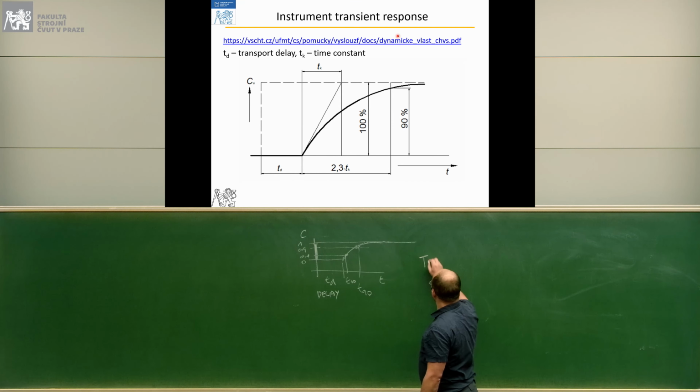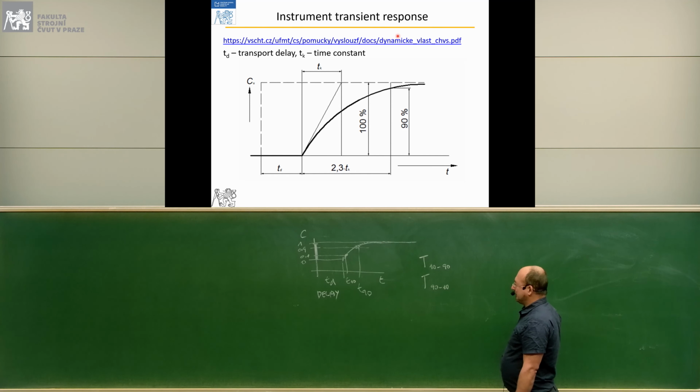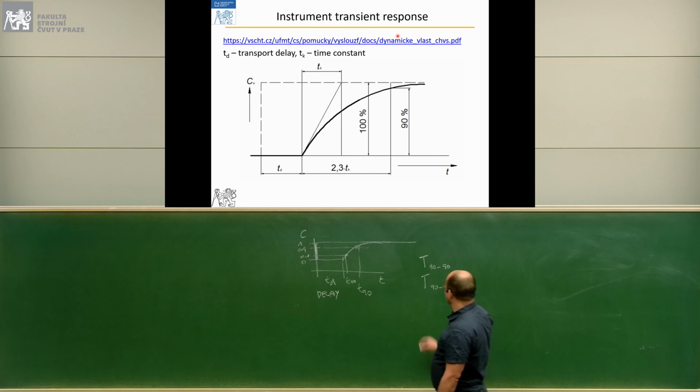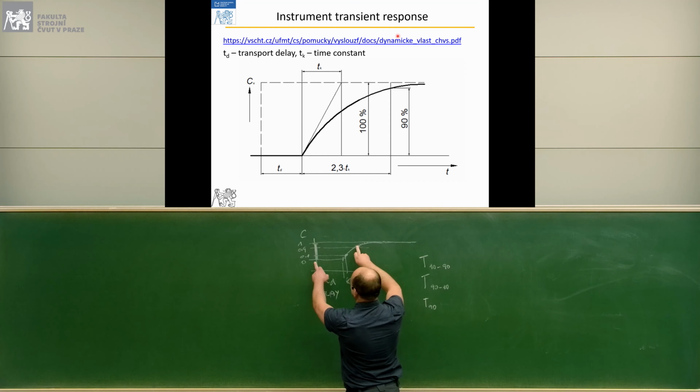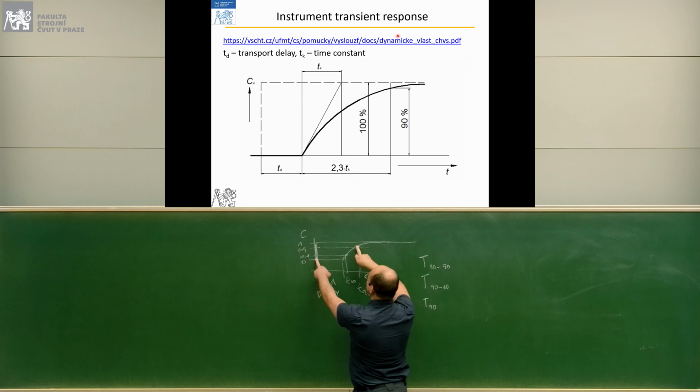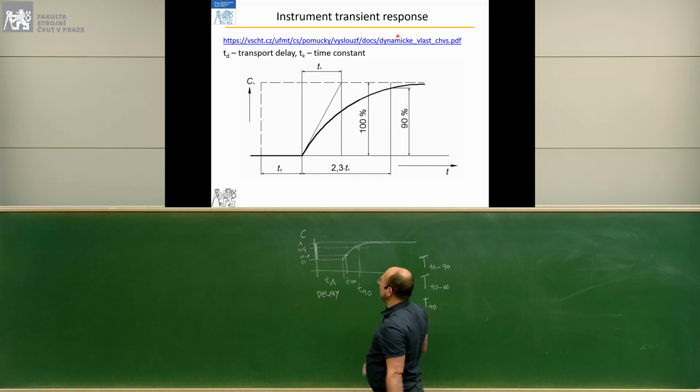So you can have times T10 to T90, also T90 to T10 when you decrease the concentration, or simply T90, which is from 0 to 90%. Sometimes the T90 response time includes the delay, but typically it should be that.